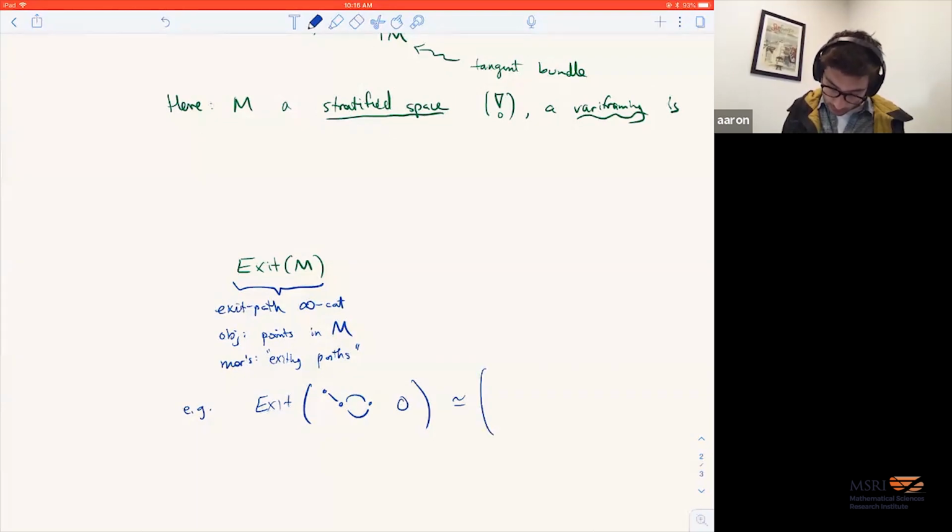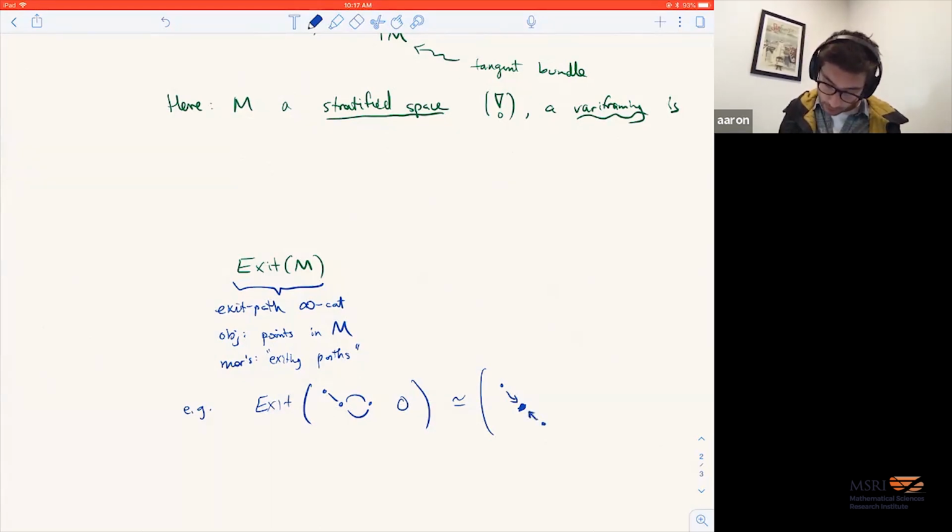Well, it has an object here. So right here, for example, that's an interval, but up to homotopy, an interval is just a point. So there's one object here corresponding to all the points in that interval. The space of them is contractible. And then an exiting path is allowed to go from lower dimension to higher dimension.